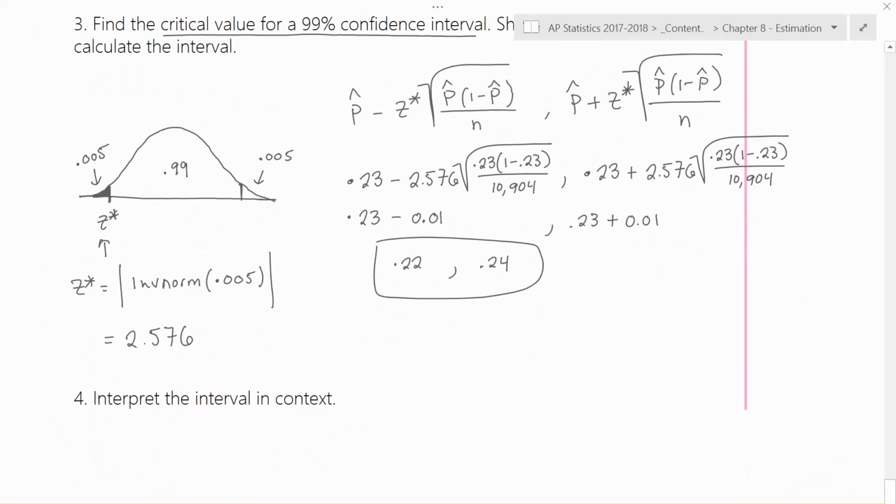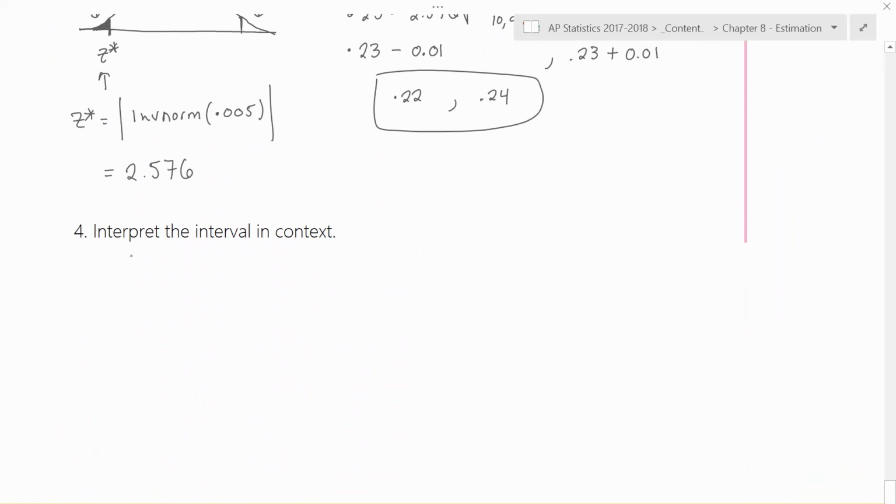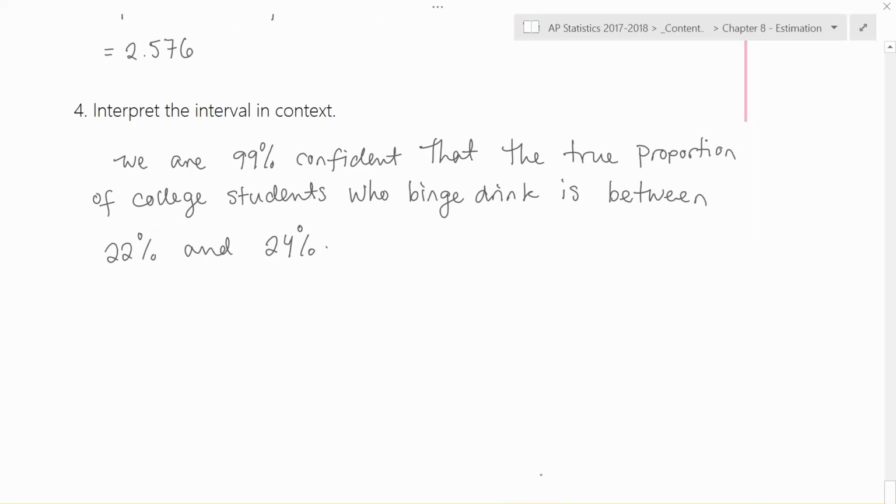And again, it's important for us to interpret correctly. Something like that. We're 99% confident that the true proportion of college students who binge drink is between 22 and 24%.